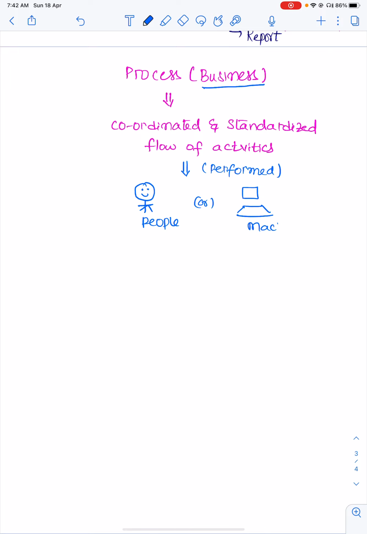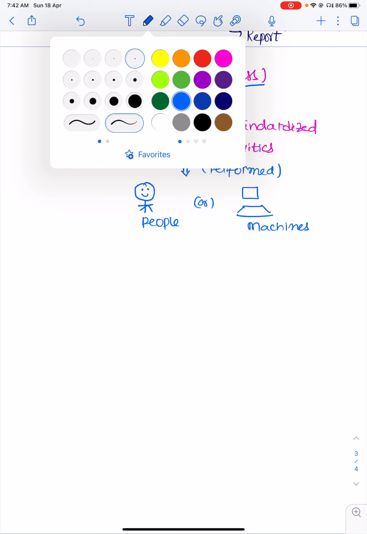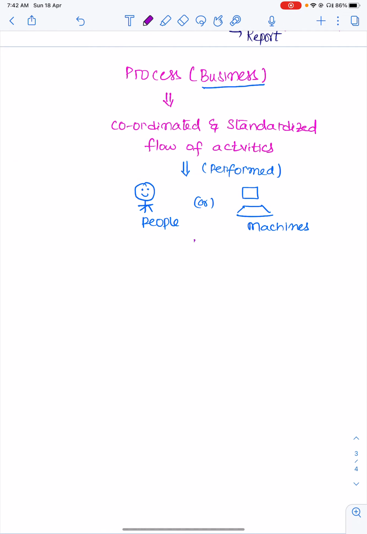And what happens? It travels. Travels means going from one particular point to another particular point, flowing.